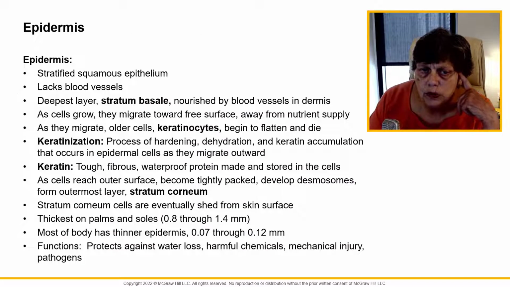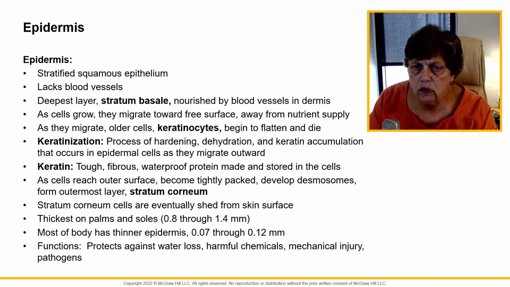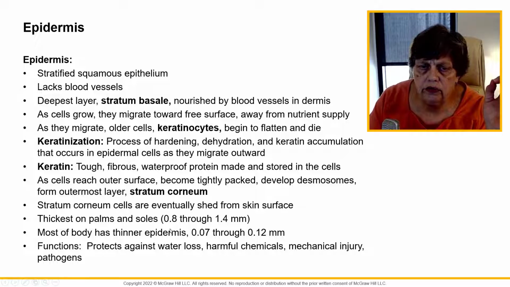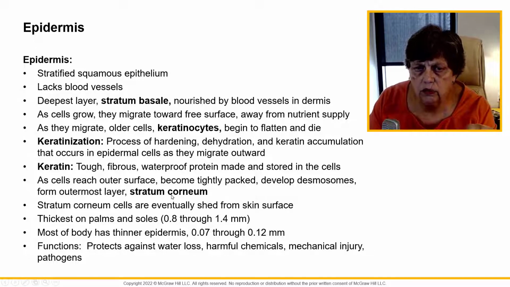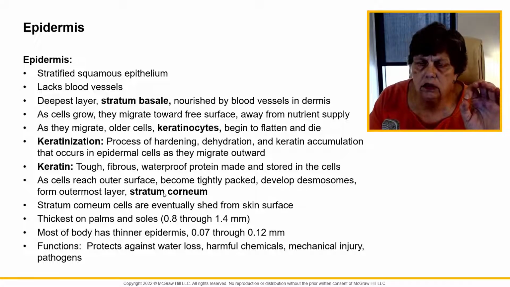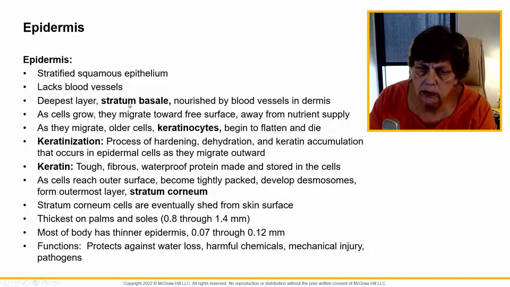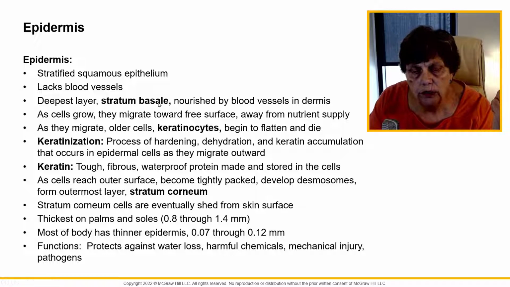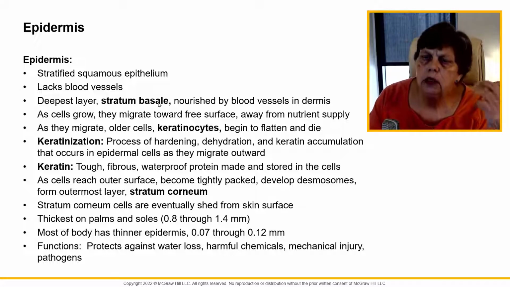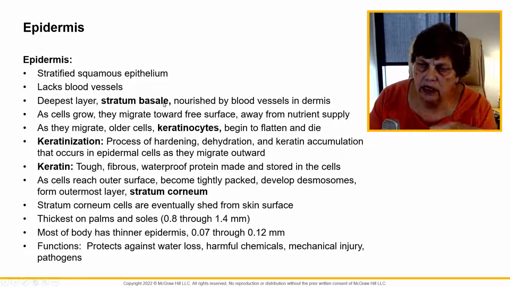So that epidermis, again, is stratified squamous. We do have several layers that we're going to go through. The uppermost layer is the stratum corneum, very tightly packed cells, going all the way down to the deepest layer, which is the stratum basale, or sometimes called the stratum germinativum, because that is the layer that is growing.